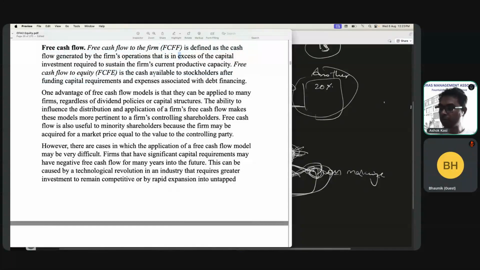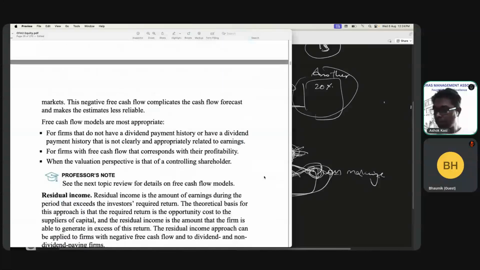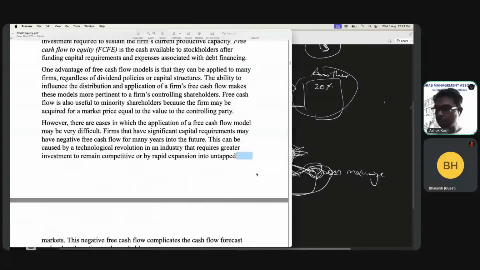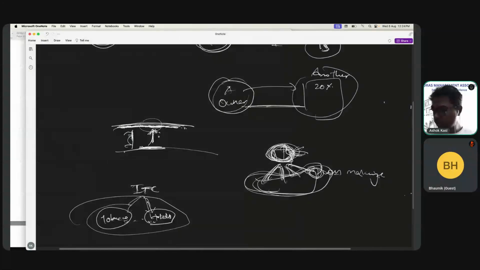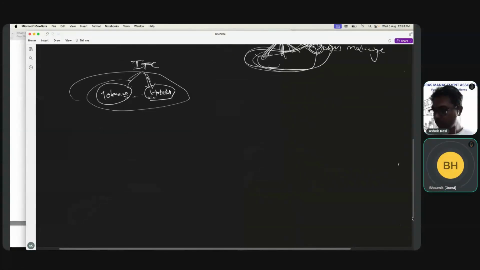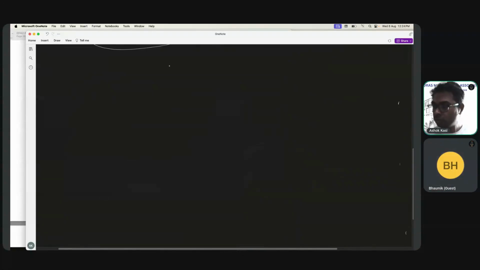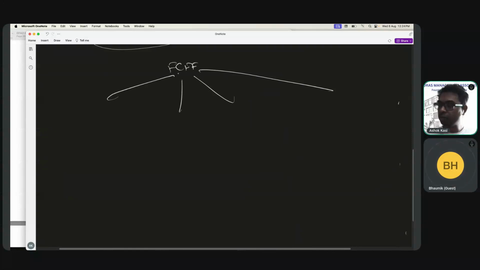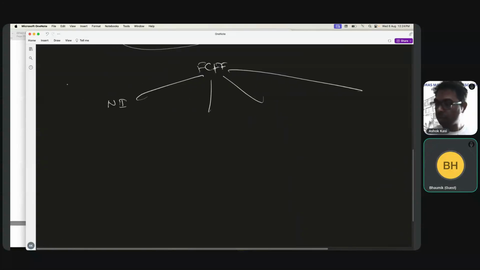Free cash flow to the firm, you can categorize into 4 varieties: based on CFO, based on net income, based on EBIT and based on EBITDA.